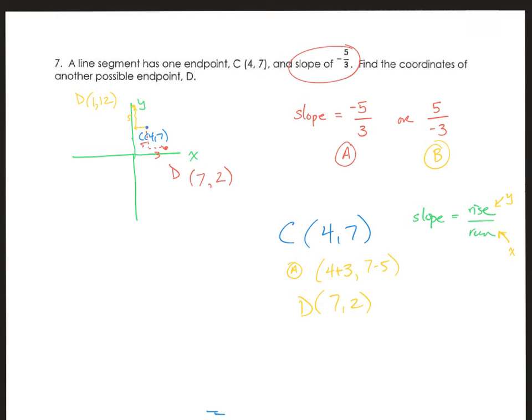Or perhaps we take a look at option B. If I started at 4, 7, then what I need to do is I need to take away 3 from my x value, and I need to add 5 to my y value. And so maybe our location is at 1, 12. I definitely think the picture is going to help you guys to be able to argue your way through. Two options, though.